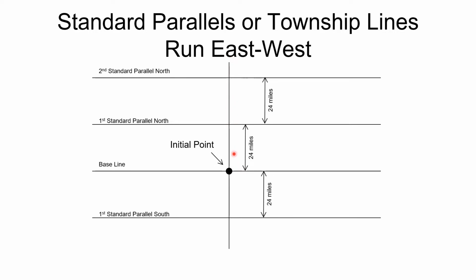So now we've got this principal meridian and a baseline with the initial point at their intersection. When these surveys were established, and I want to interject here just to remind you that most of these surveys occurred in the 1800s or early 1900s by field crews, living in the wild and doing these surveys with staff compasses and metal chains.